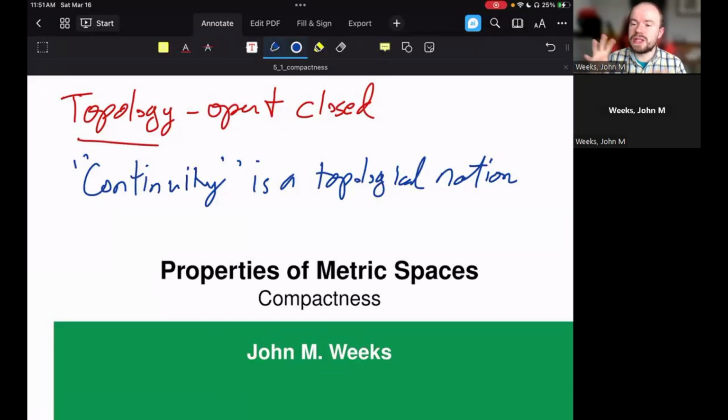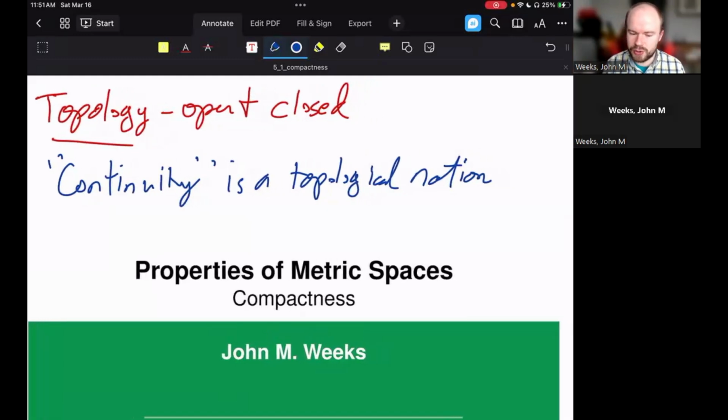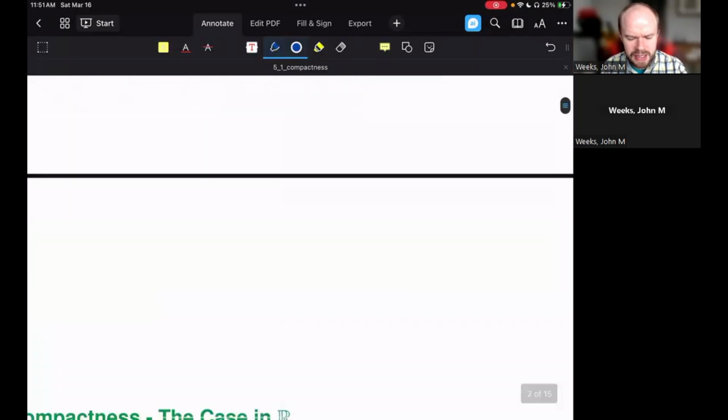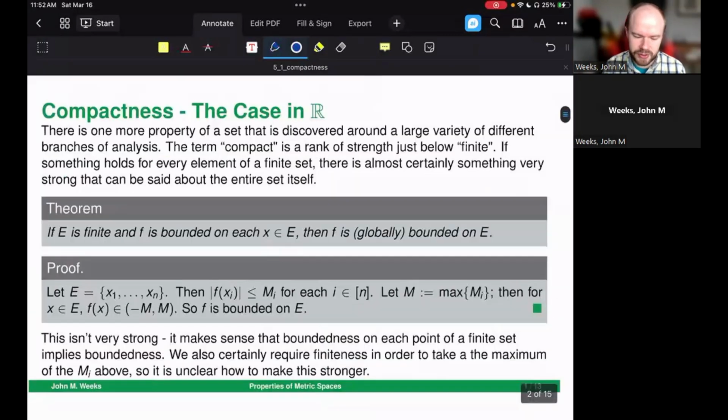And then eventually you could even take the center away and just take any open set or any closed set in our image and map that back into our domain. So continuity is a very topological notion in the sense that it deals with open and closed sets. And we're going to see that compactness, being another topological notion, is going to connect very neatly with continuity. Let's see an example of this in terms of the real numbers.